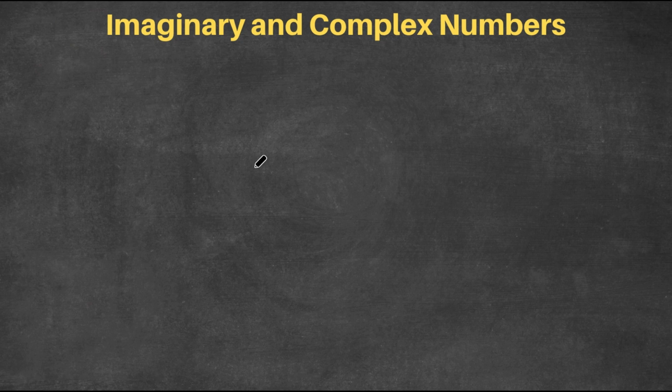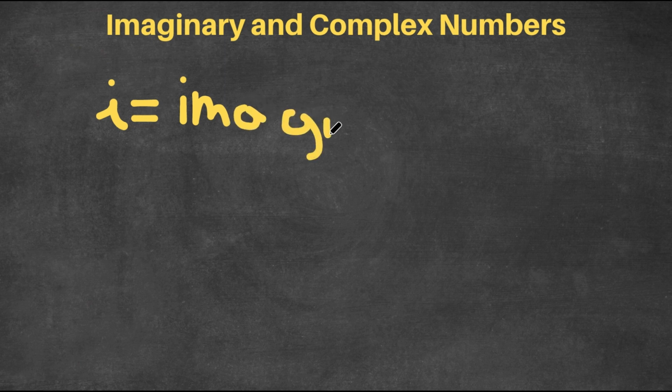In today's video, I'm going to be teaching you guys the basics of imaginary and complex numbers. So imaginary numbers are based around the letter i. And i is known as an imaginary unit.